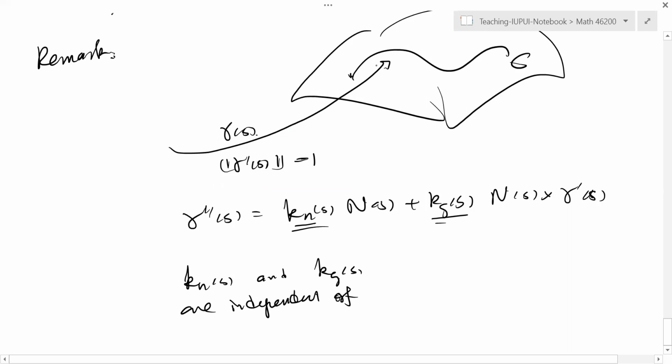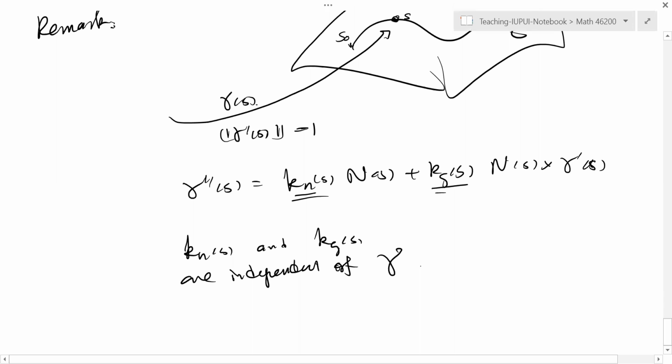If this is your starting point, this is s, and that gives a unique gamma(s).